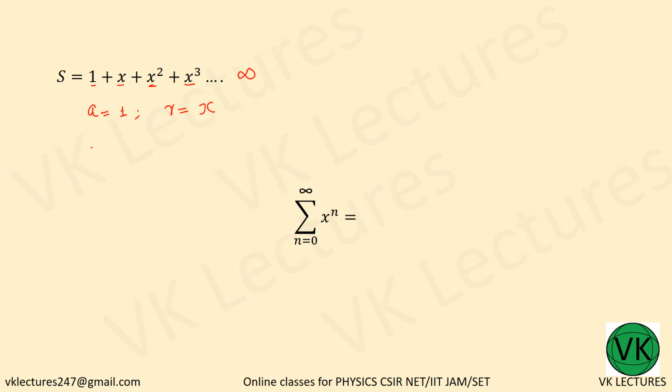So immediately we can write S infinity is equal to a divided by (1 minus r). And what is a? a is nothing but the first term, 1. So 1 divided by (1 minus x), that is the S infinity. Now we have seen this is for modulus of x less than 1.